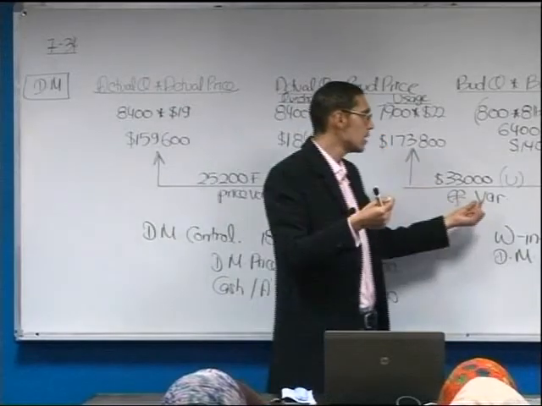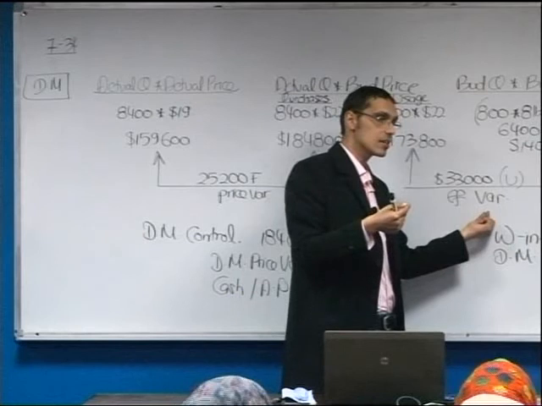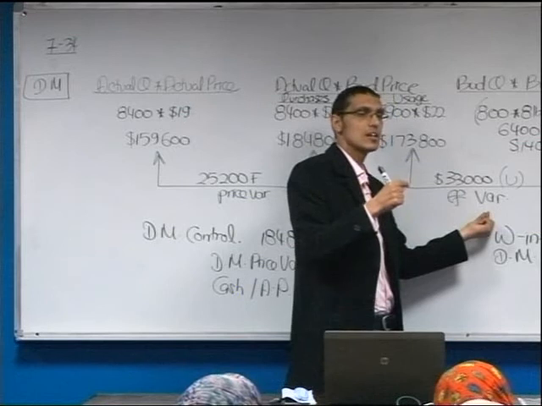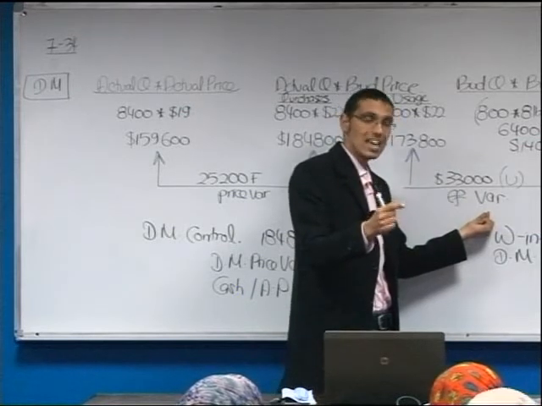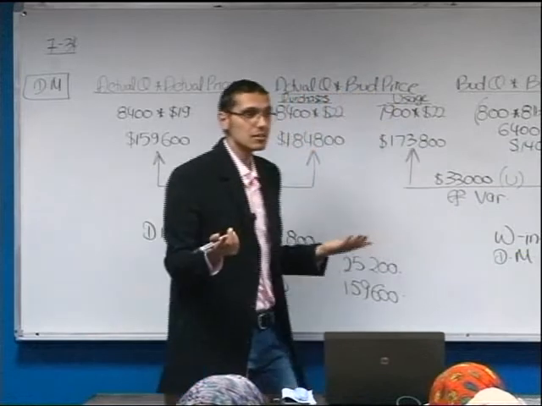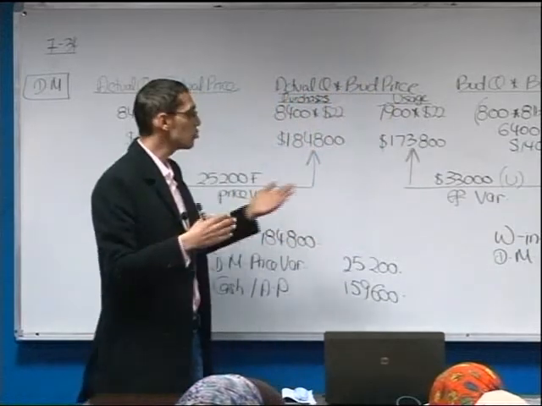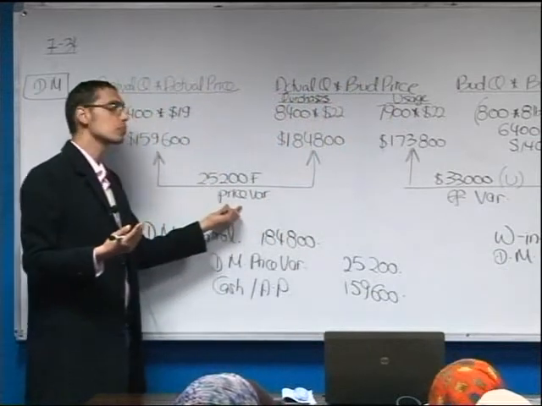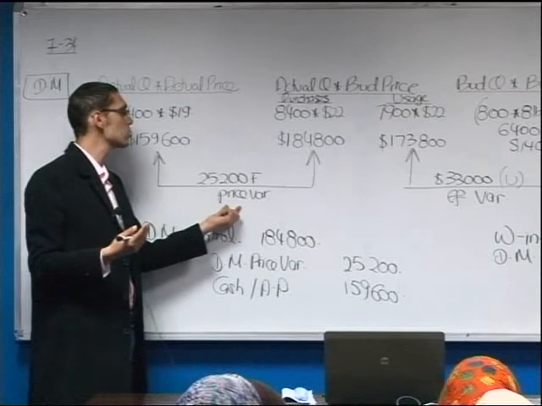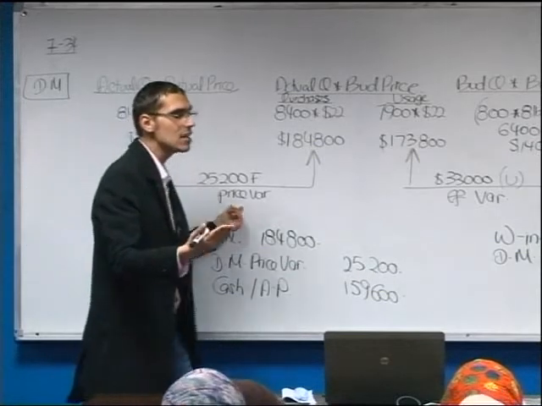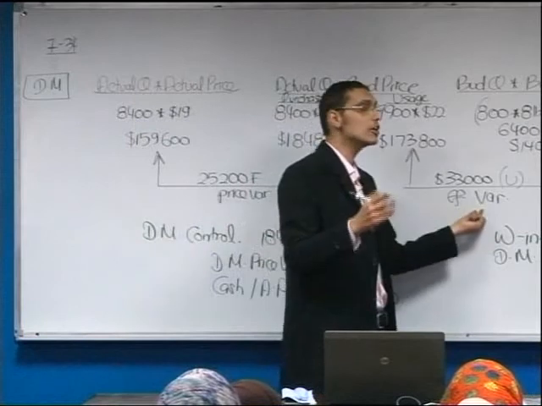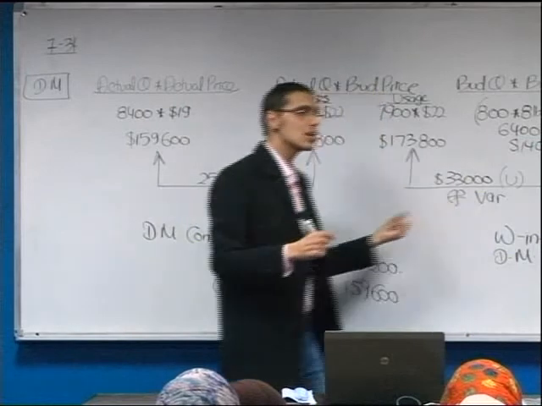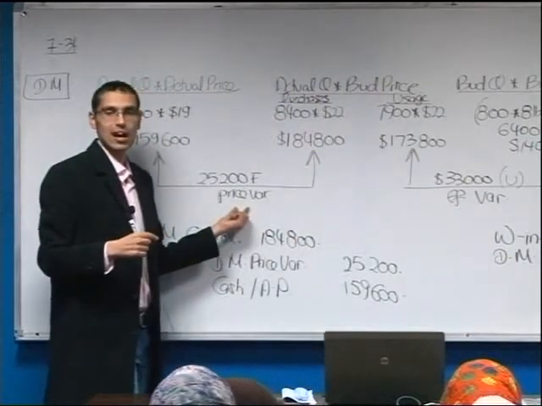We need to analyze the cause of this unfavorable efficiency variance and see what the real cause is. Is it because of the lower quality? If it is, is it better that we switched suppliers? As we can see here, we attained a 25,200 favorable price variance, but at the same time we attained 33,000 unfavorable. The unfavorable variance was larger than the favorable variance.